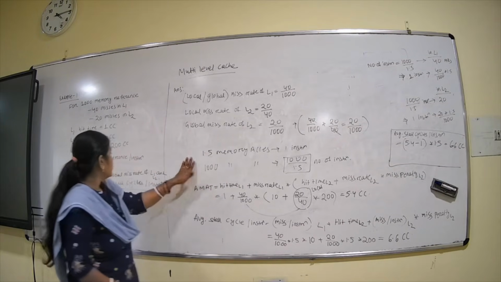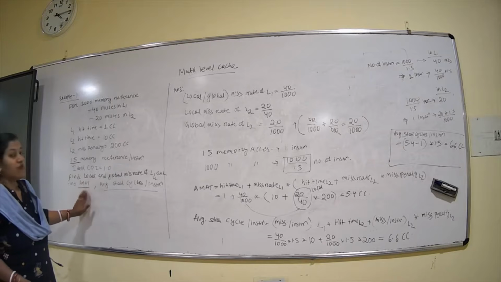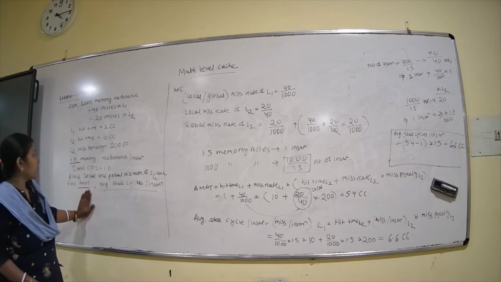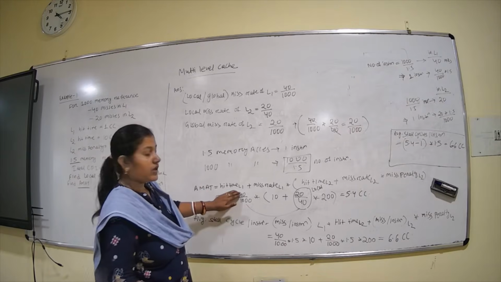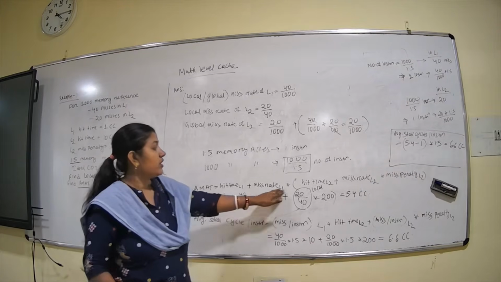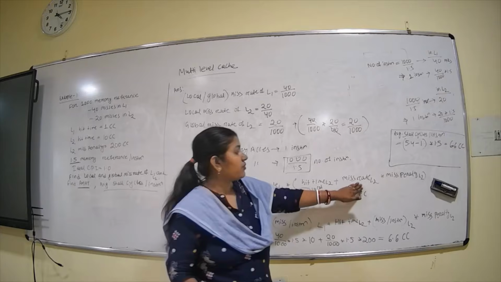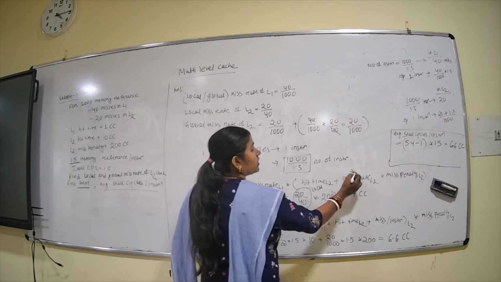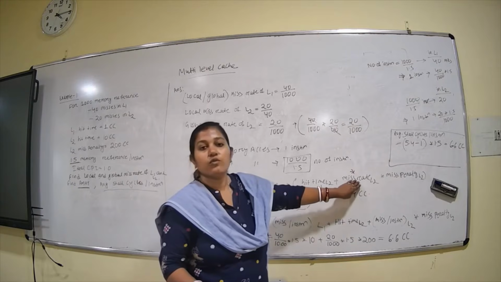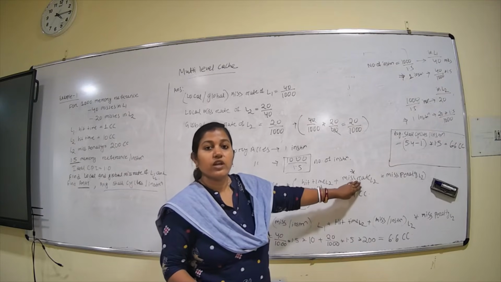Now just come to the calculation of average memory access time. What is the formula? Hit time of L1 plus miss rate of L1 into hit time of L2 plus miss rate of L2 into miss penalty of L2. There is one more confusion in this part: in the miss rate of L2, which one will we put, local or global?